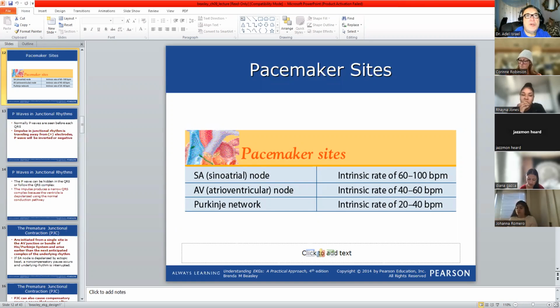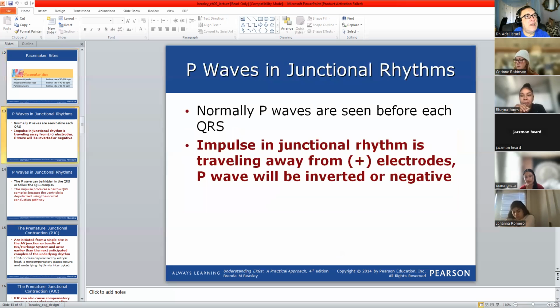So we will have two situations. If the rate is above the number related to the site of origin, I will say accelerated, so we get accelerated junctional, accelerated ventricular. But if the number reaches 100 and above, I will say junctional tachycardia, ventricular tachycardia. I hope this is clear in front of you.